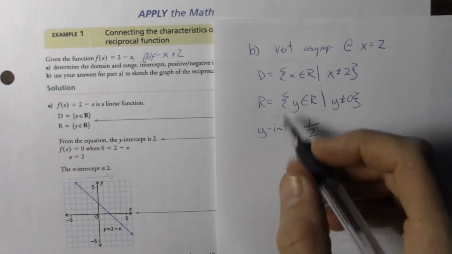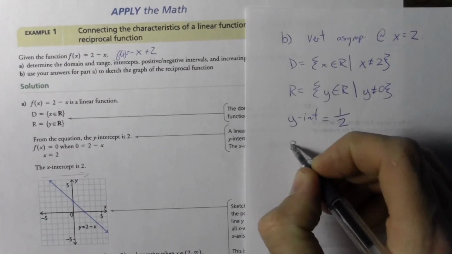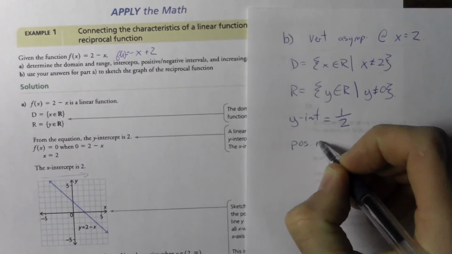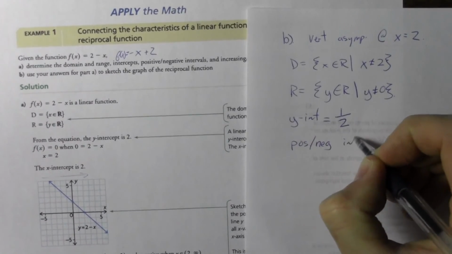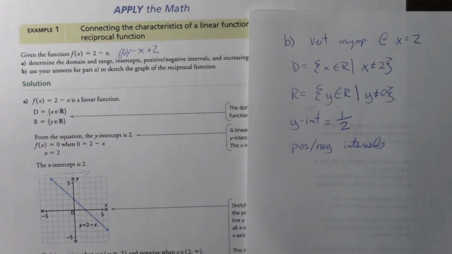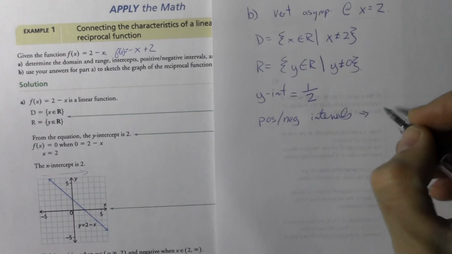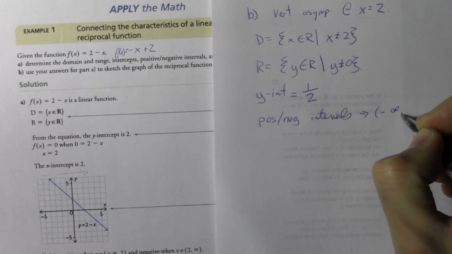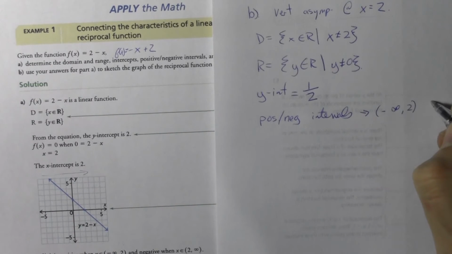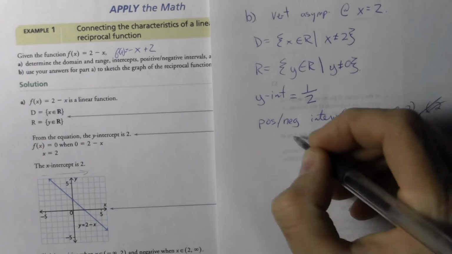Next, we want to list our vertical asymptote. We've already done that. Positive and negative intervals. Okay, they're going to be the same, right? Because we've decided that the sign doesn't change when we go to the reciprocal function. So that's going to be that and negative.